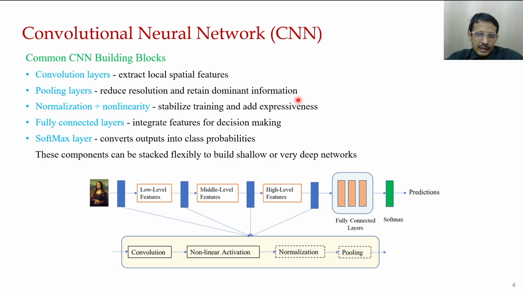Then there is imposing nonlinearity, which is done using an activation function, and some normalization done by local contrast normalization, etc., that stabilizes the training and adds expressiveness to the network.